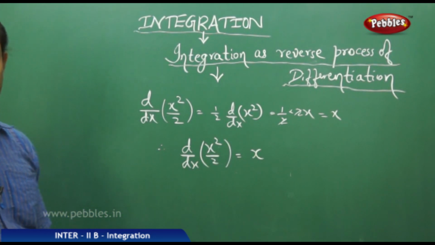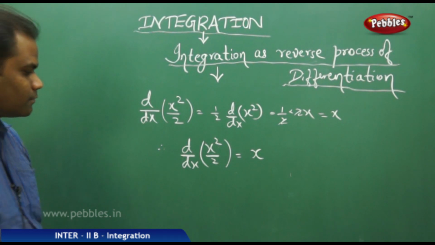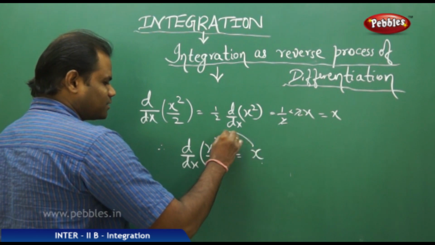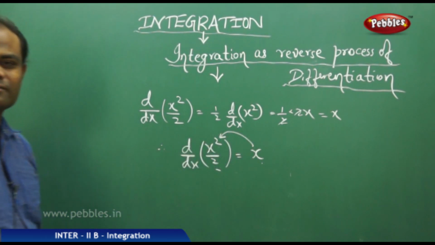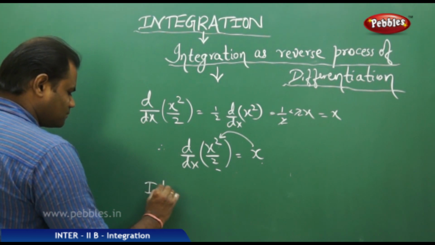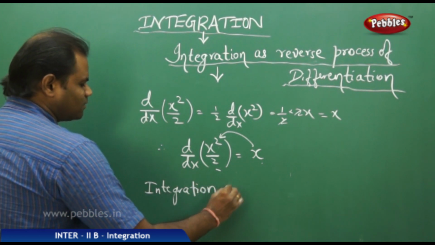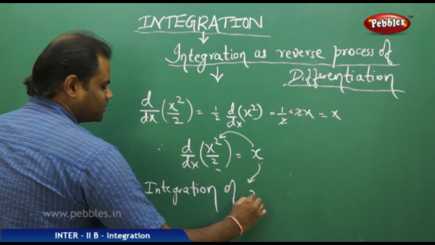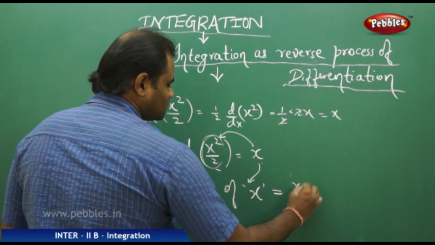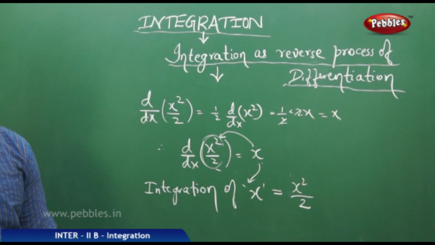Now, what do we understand with integration as the reverse process of differentiation? So, differentiation of this function is this. So, integration of this function would be this. That is, if I take the integration of this function x, it is nothing but x squared by 2. This is how we understand the reverse process.